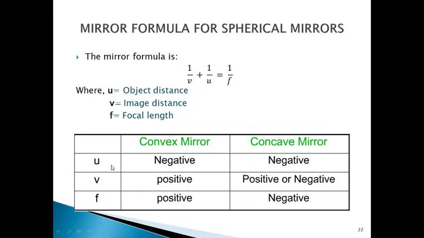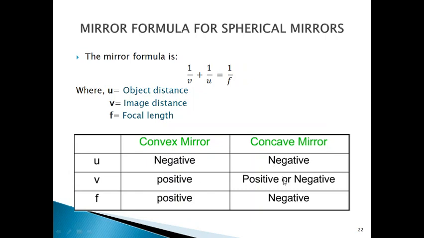u will always be negative because u is the object distance, and object is always kept on the left side of the mirror. And then v is the image distance. It is positive in case of convex mirror because the image formation is on the right side of the mirror, so it will be positive always.